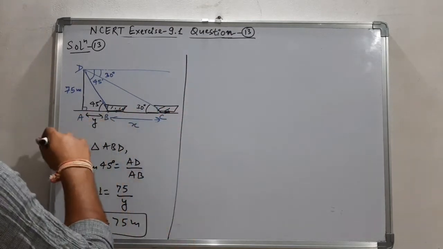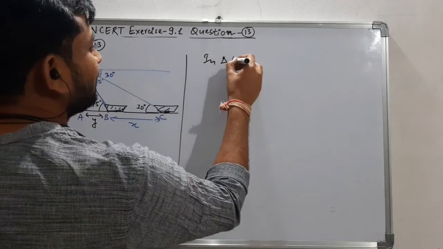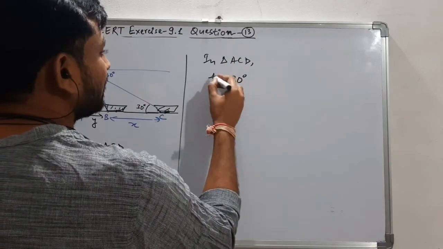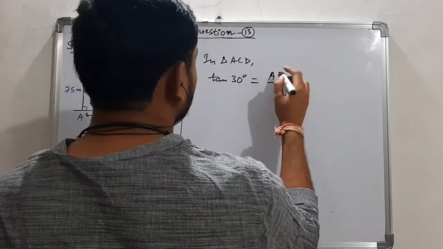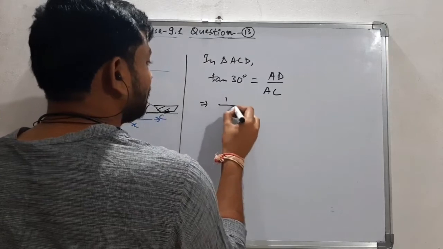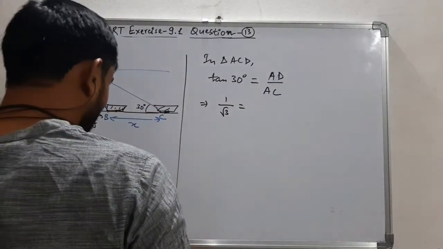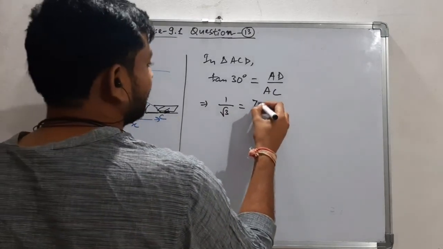Now let us consider the other triangle, ACD. In triangle ACD, the angle is 30 degrees. So tan 30 is perpendicular upon base, that is AD upon AC. Tan 30 is 1 by root 3, and AD is the height, that is 75.